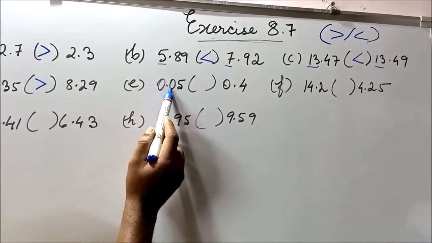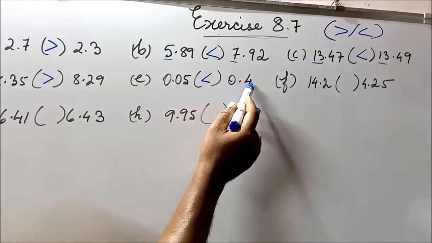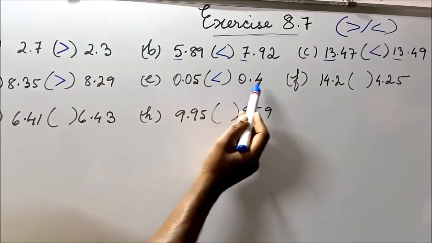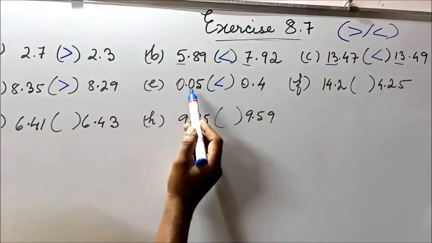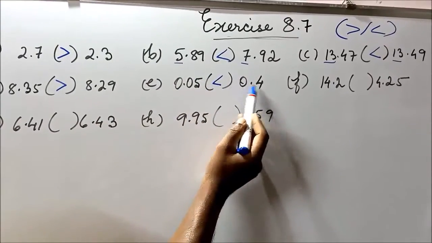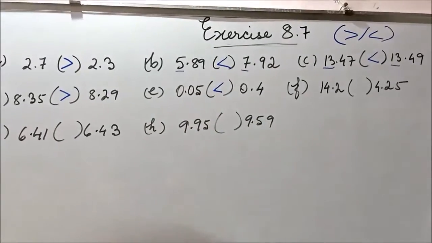So 0 is less than 4, therefore 0.05 is less than 0.4. Even though here we have 5 in the 100th place, here there is no 100th place, still, since the 10th place is less here, therefore 0.05 is less than 0.4.